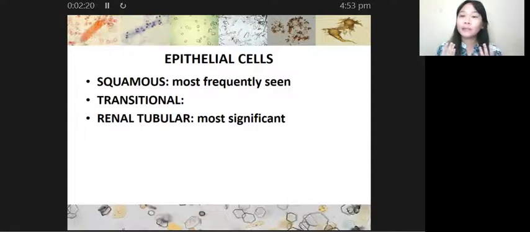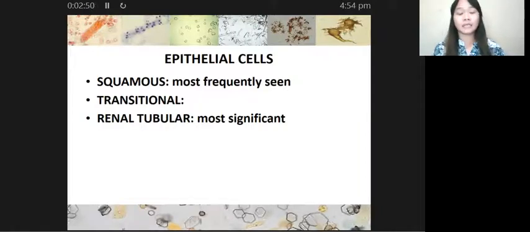So what are the three epithelial cells which may be present in our urine sample? So first, we have your squamous epithelial cells. Another, we have your transitional epithelial cells. And then lastly, we have our renal tubular epithelial cells. Okay, so nasa page 81 po yan ng ating module.